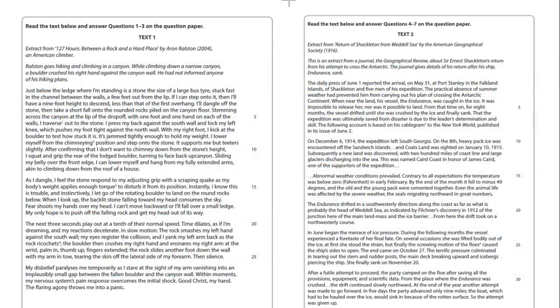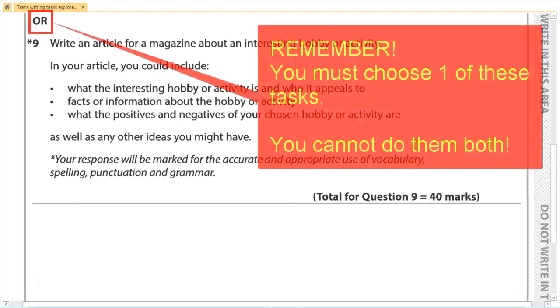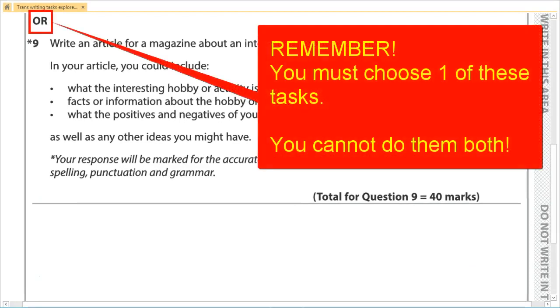Let's go back now and look at the second transactional writing task that you could have chosen to do on this paper and see how that links to these two texts in terms of the theme of that task. If you got to section B on this paper and you looked at question 8 and you thought, oh, I don't really fancy having to write a speech, I'm not very good at writing speeches, you might choose to do question 9.